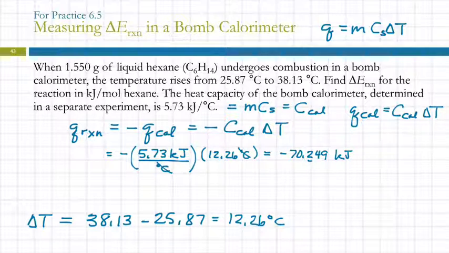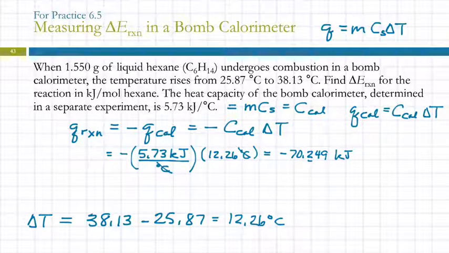It's not very useful because it's specific to this one situation. If we knew how much energy was released per mole, then we could use that in other calculations. If we had 5 moles or 0.7 moles or whatever, we could calculate the energy. So to get kilojoules per mole, we're going to divide by moles.